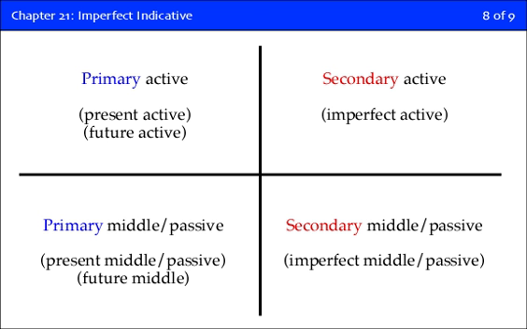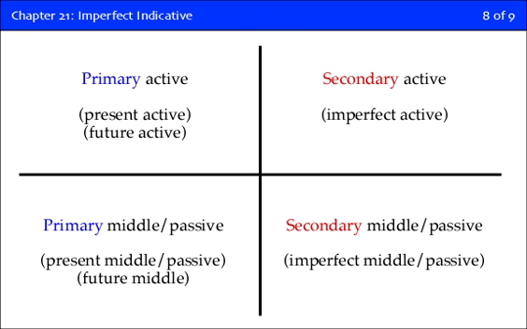Okay, so there you have it. The master personal ending chart is now complete. Every tense that you're going to learn from here on out is either going to use these endings or some slight variation. So it's just critical, you all, that you commit this chart to perfect and absolute memory. The upper left-hand corner is primary active, and those are the endings we use with the present active and the future active.